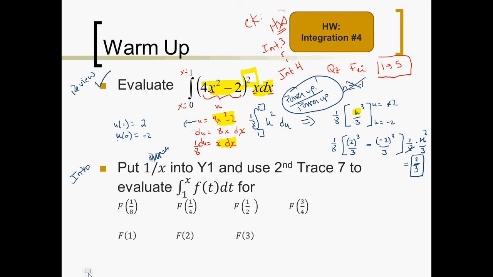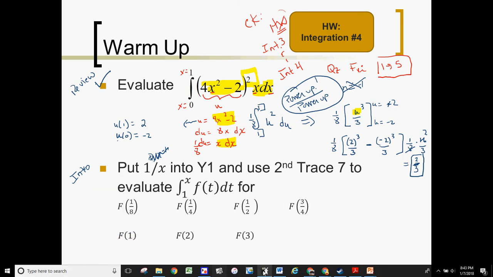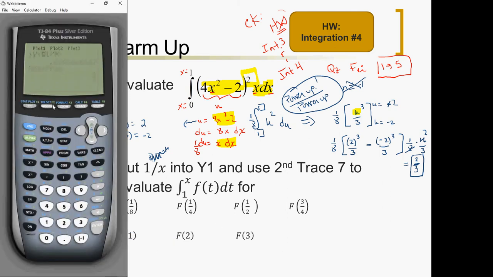So I wanted you just to practice visualizing what's going on. Second trace 7. Notice that I'm anti-differentiating from 1.